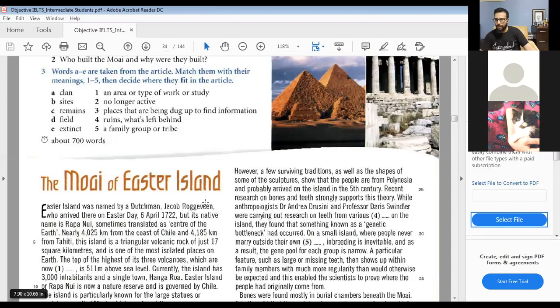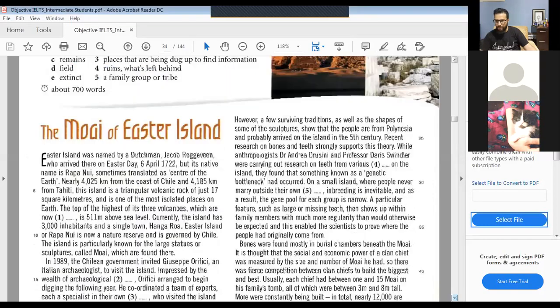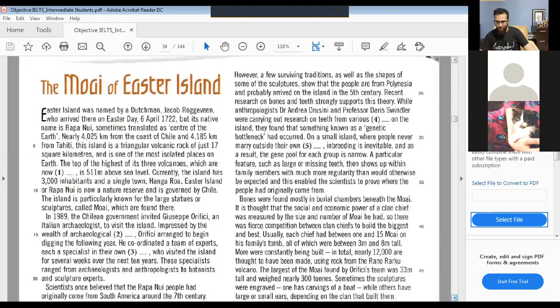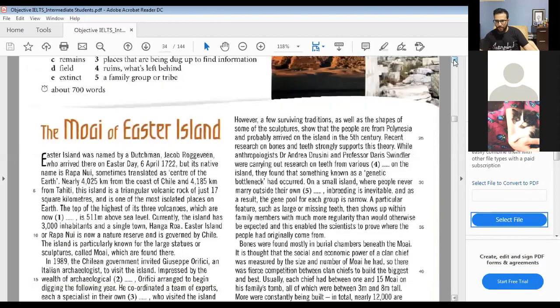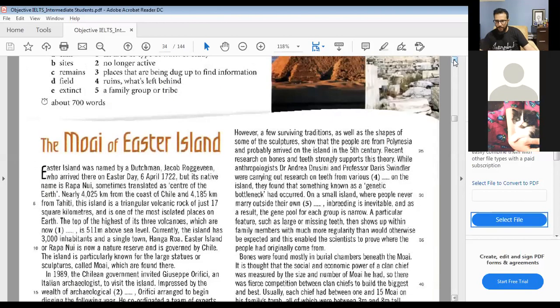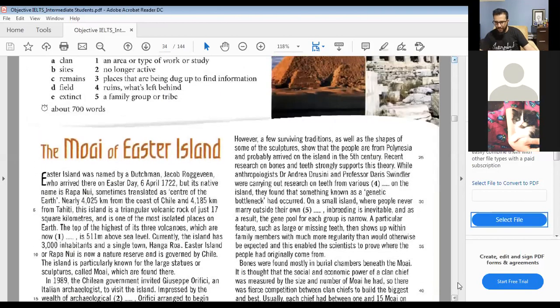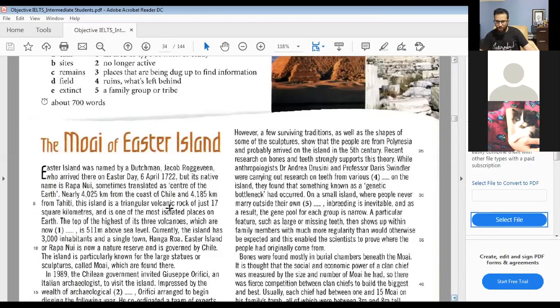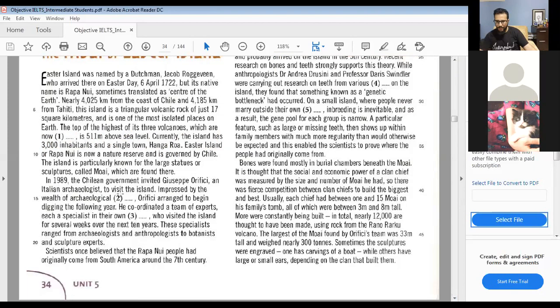All right. Now for number 2, let me go down a bit. Number 2, the wealth of archaeological, the word is archaeological sites. So number 2, just write sites.